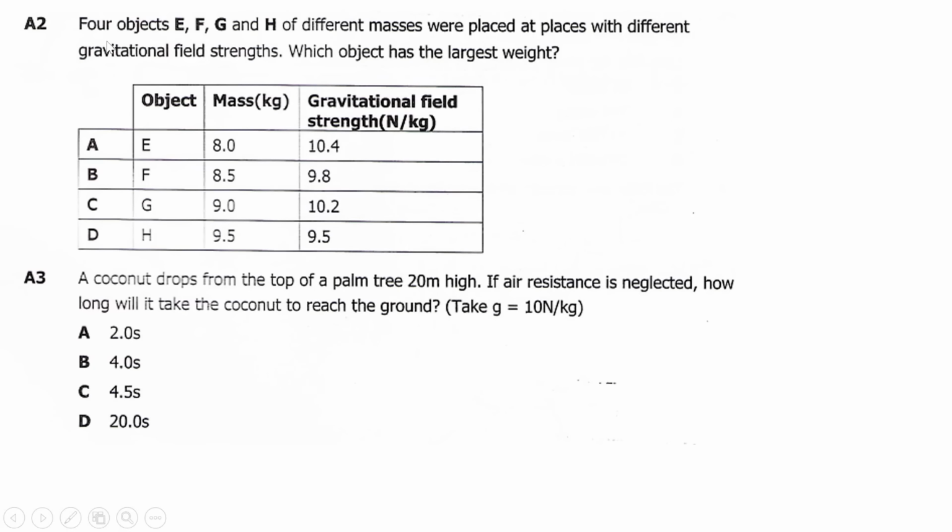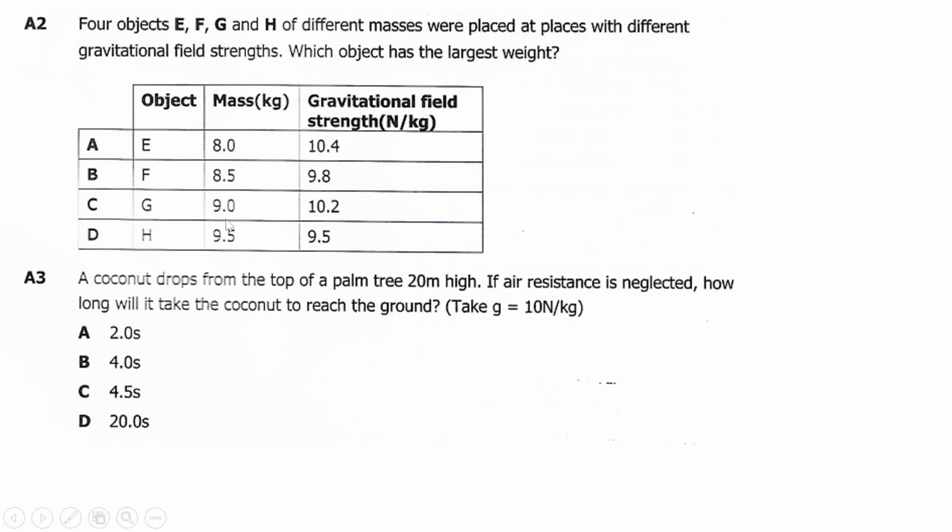A2 reads: 4 objects E, F, G, and H of different masses were placed at places with different gravitational field strength. Which object has the largest weight? Okay, so we have 4 objects here, E, F, G, H, which have got different masses.